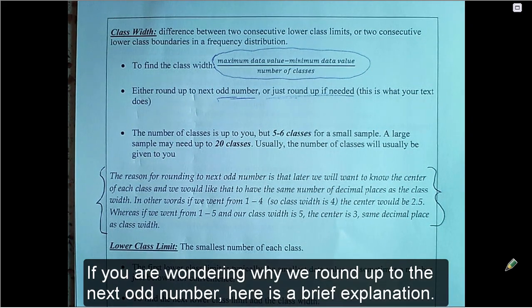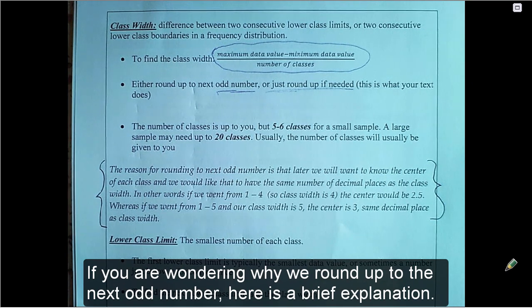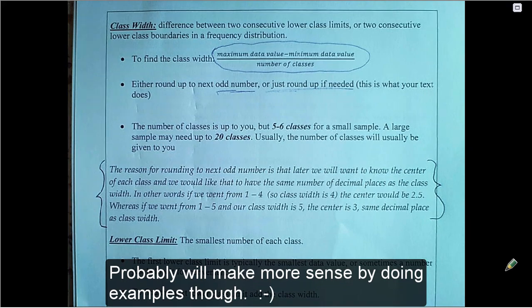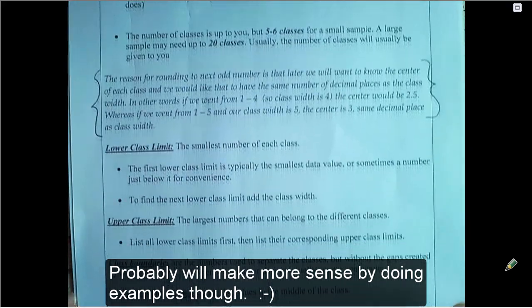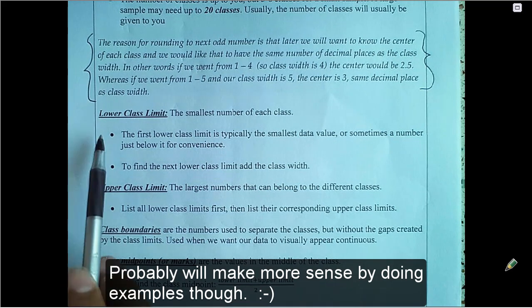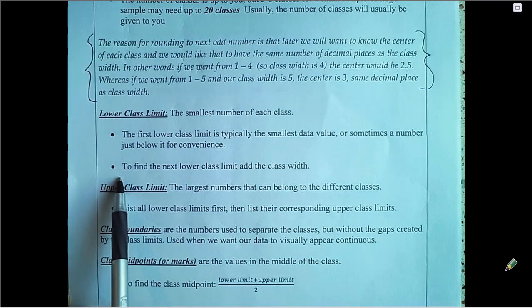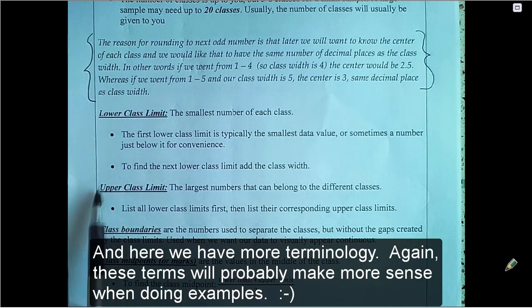If you are wondering why we round up to the next odd number, here is a brief explanation. Probably will make more sense by doing examples though. And here we have more terminology.